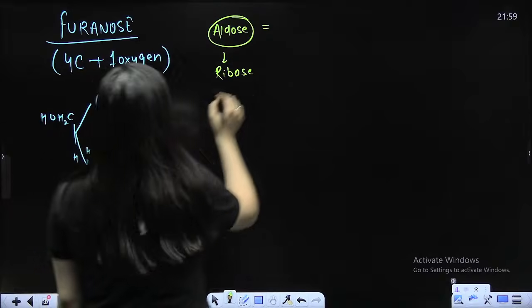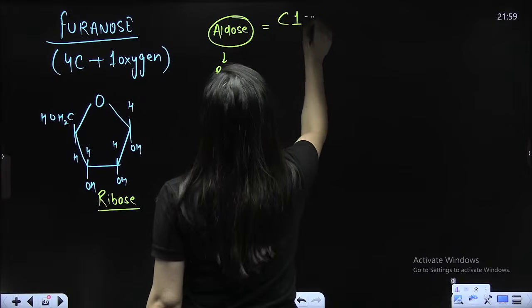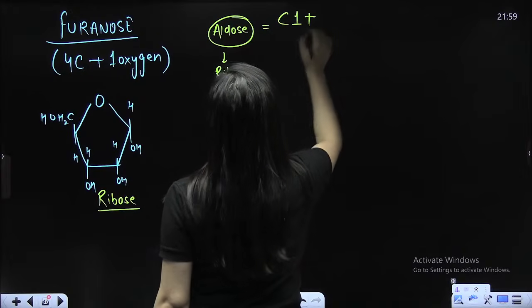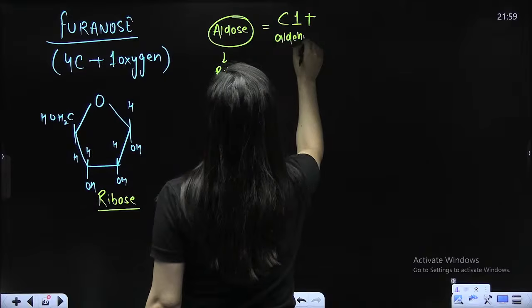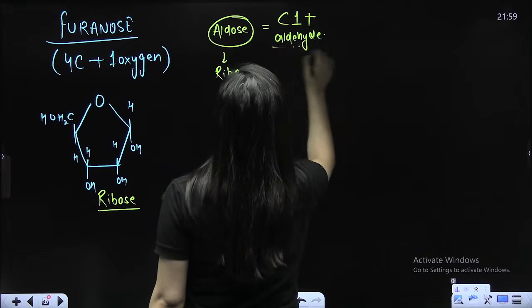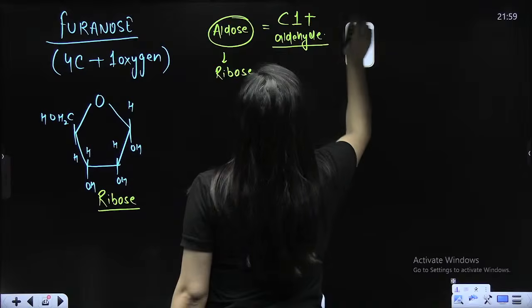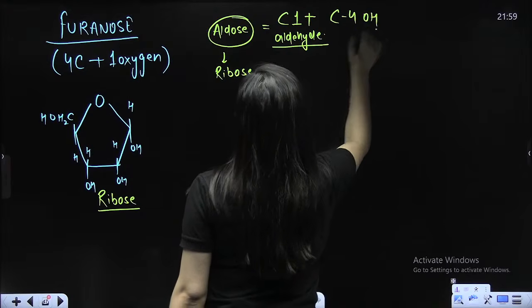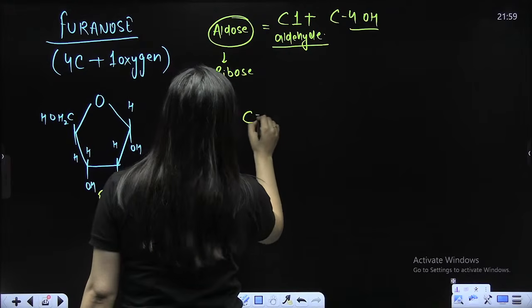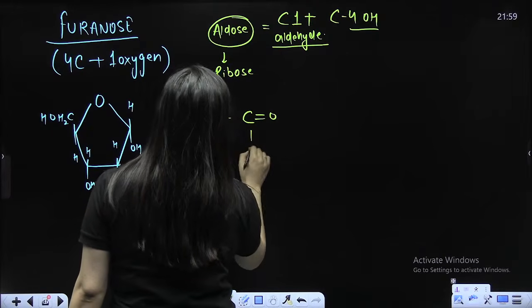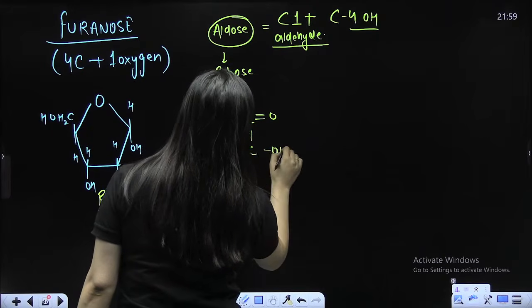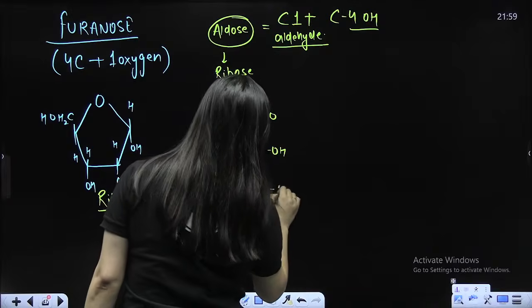In the case of this aldose, C1 aldehyde, or you can say C1 double bond O, plus the C4th OH. Just say if I have to make this, let me show you. That's your ribose.